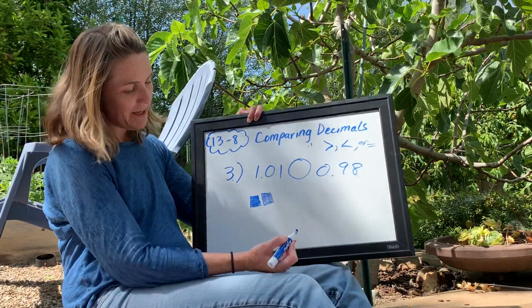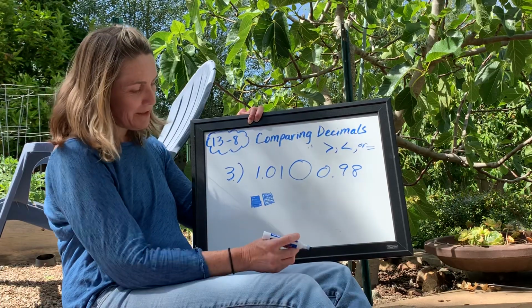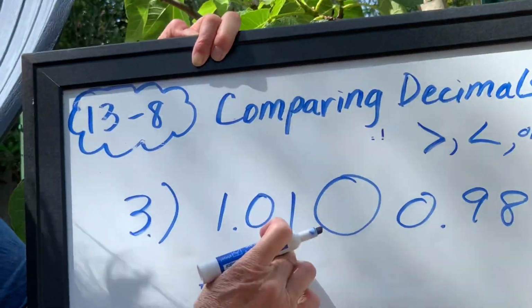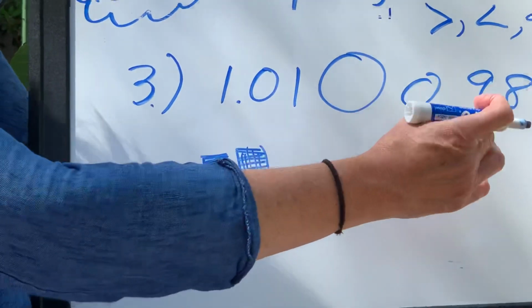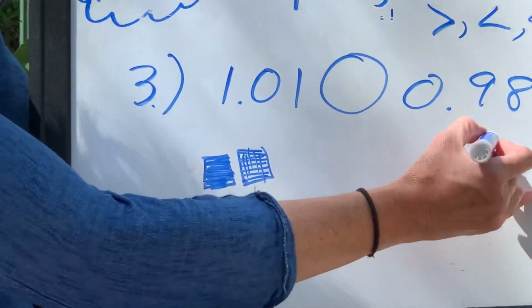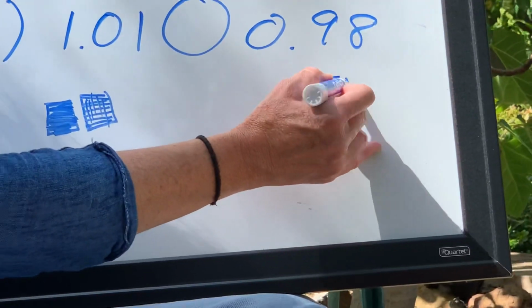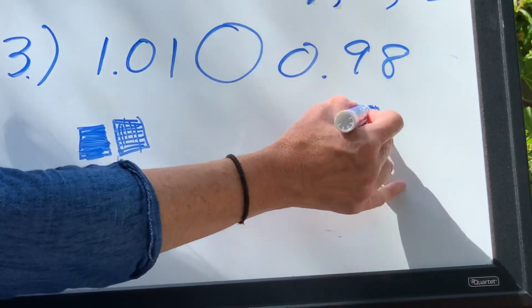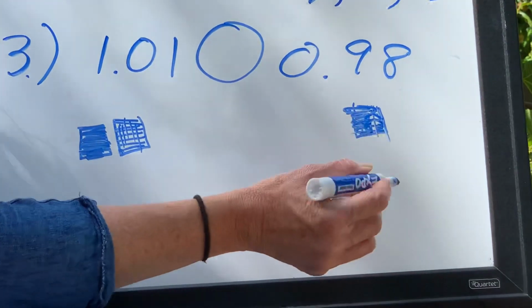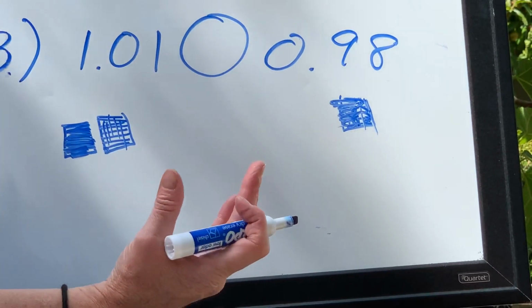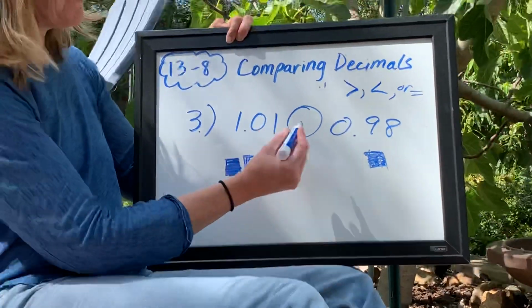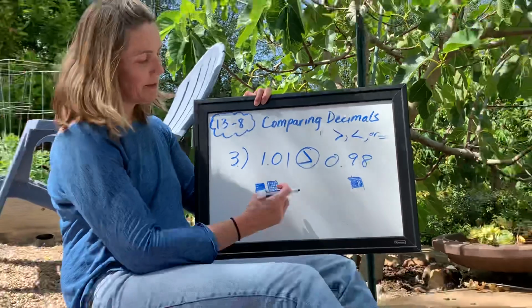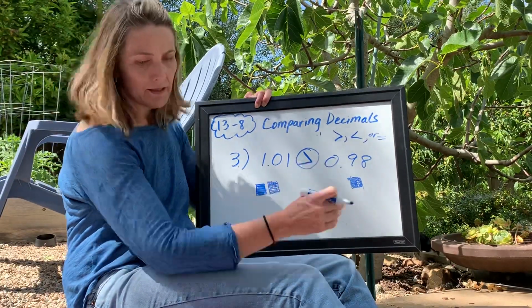Remember how we were doing that? And then you had a tiny one filled out. So this is 1 and 1/100th, and this is 98 hundredths. So really in the model, it's just one box, and it's filled all the way to here with 2 remaining. So you can get very close, but which one's bigger? Yep, Mr. Chompers always eats the bigger one because it has a 1 in the ones digit.